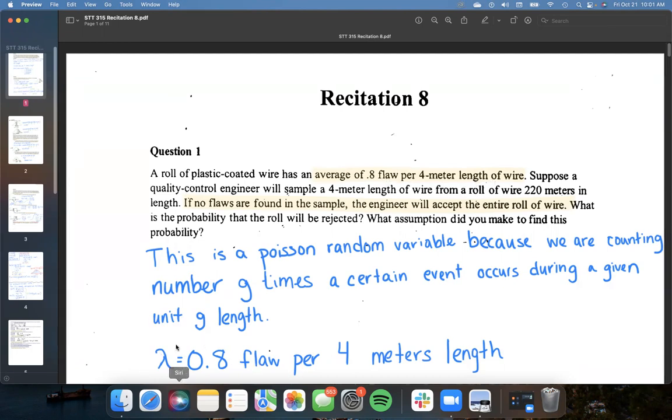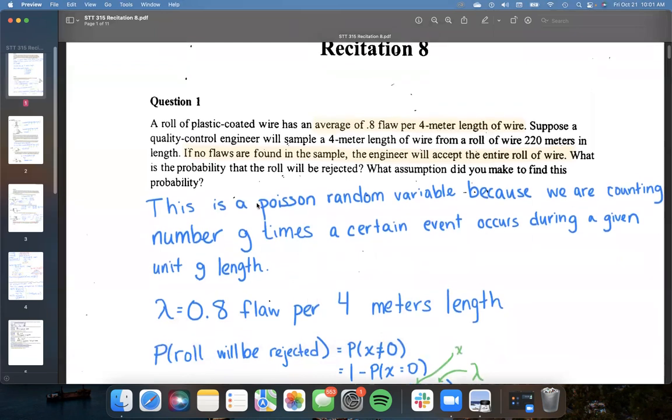So lambda denotes our average in a Poisson random variable, and I wrote that information here. We're interested in the probability that the roll will be rejected. That means the probability that x does not equal 0, because if no flaws are found in the sample, the engineer will accept the entire roll.